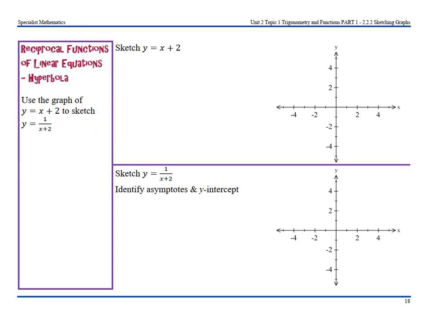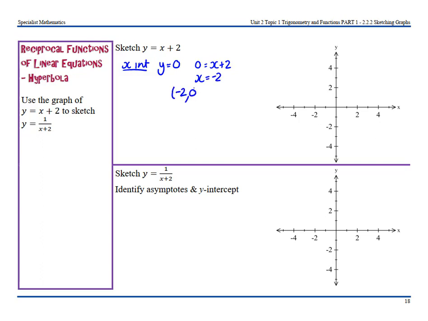Let's begin with something we've already looked at in methods, which is reciprocal functions of linear equations, known as hyperbolas, and rectangular hyperbolas at that. So use the graph of y equals x plus 2 to sketch y equals 1 over x plus 2. So y equals x plus 2, we have an x-intercept at y equals 0. So that's going to be 0 equals x plus 2, x equals negative 2.